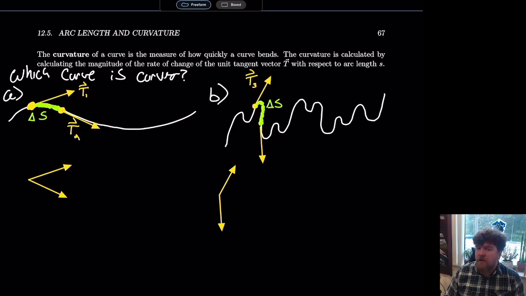So what this idea of curvature is going to be related to is how much these vectors deflect, so kind of the angle between them, as if I walk along the same distance on both curves. That's an idea that we're going to continue exploring tomorrow. We'll formalize it a little bit more, and we'll come up with some cool formulas for it. But with that, we're going to leave that there for today.